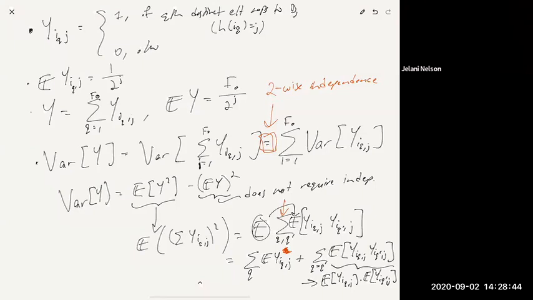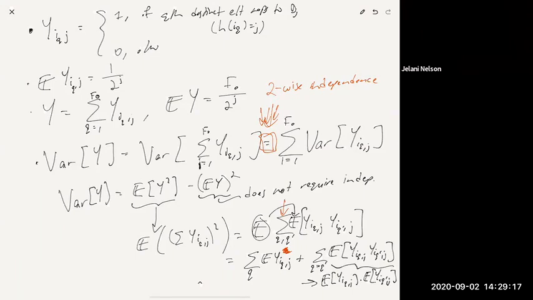So that allows me to change the expectation of the product into the product of the expectations, which is why what I said above is true: the variance of the sum is the sum of the variances whenever you have pairwise independent random variables. Okay. So that's why we were able to get away with a two-wise independent hash function.